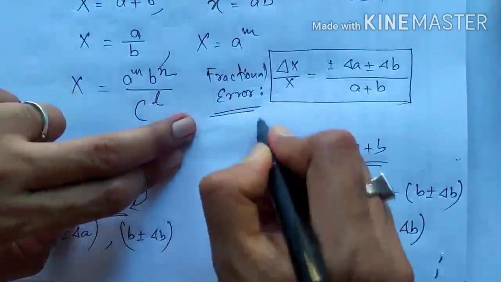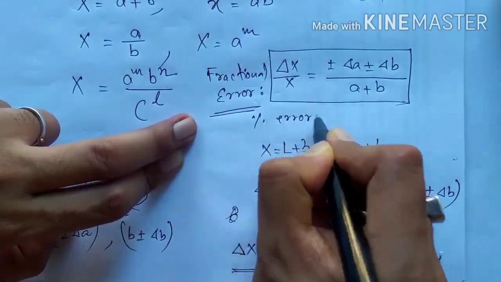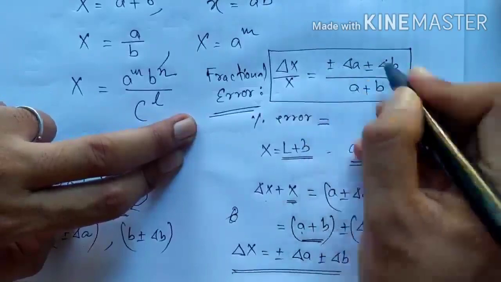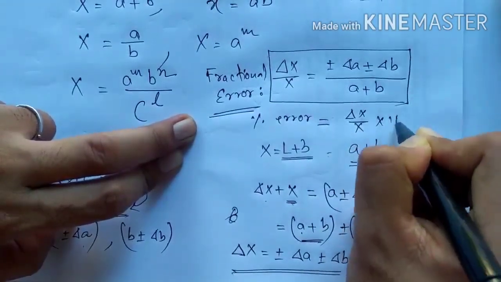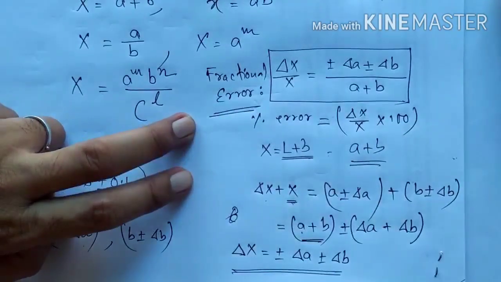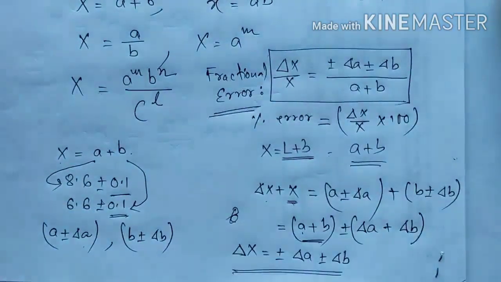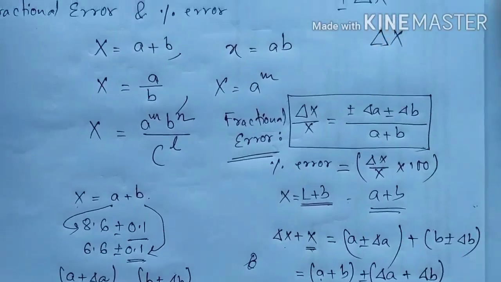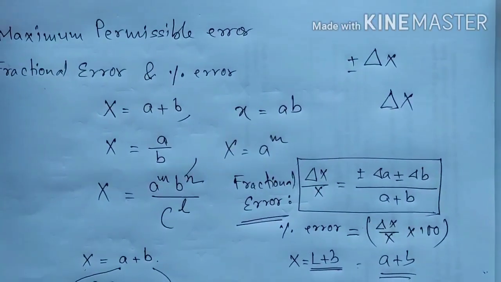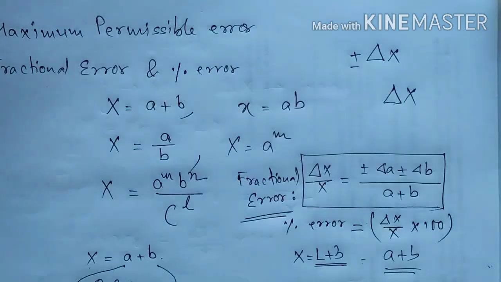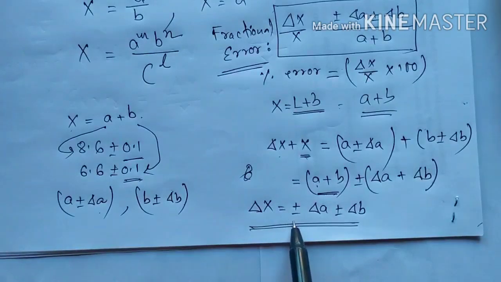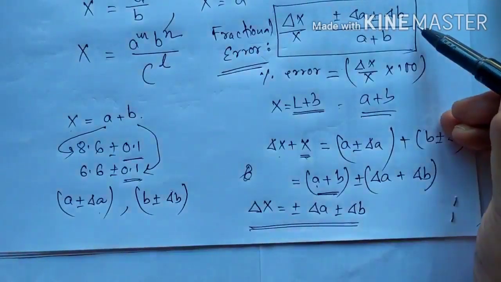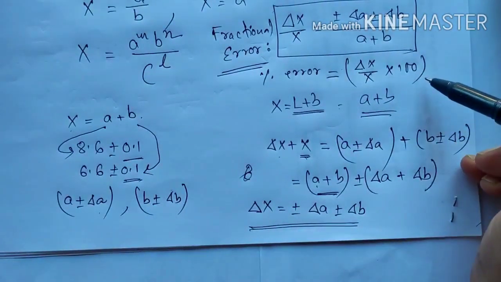So what will be the expression of percentage error? This will be this entire quantity multiplied by 100, delta x by x into 100. So this will give me the expression of percentage error. I hope you have understood it properly. So this is the expression of maximum permissible error, this is the expression of fractional error, this is the expression of percentage error.